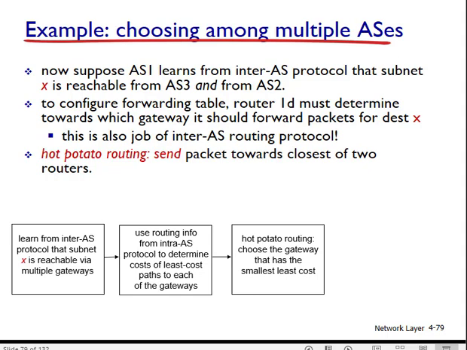In this manner, if AS3 needs to route a packet destined for X, AS3 would forward the packet to AS1, which would in turn forward the packet to AS2. As we'll see in our discussion of BGP, an autonomous system has quite a bit of flexibility in deciding which destinations it advertises to its neighboring autonomous systems. This is a policy decision, typically depending more on economic issues than on technical issues.